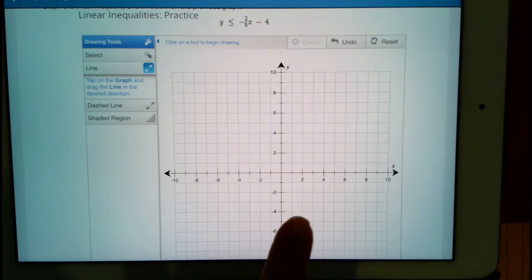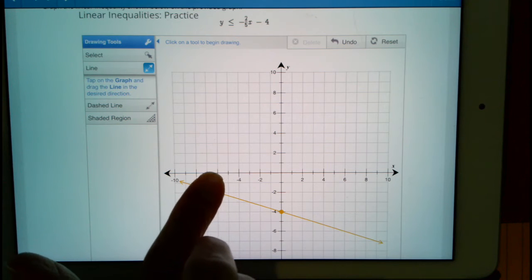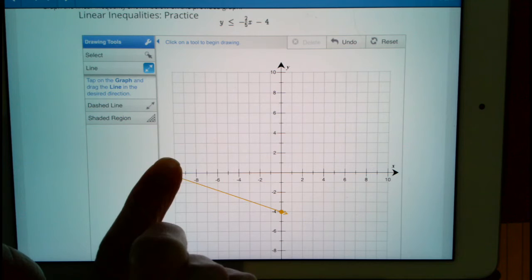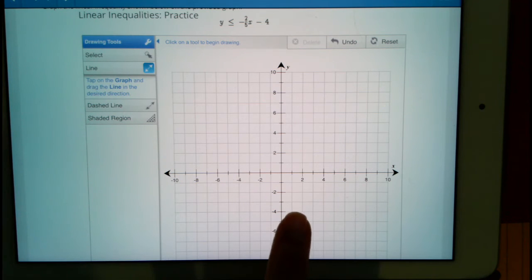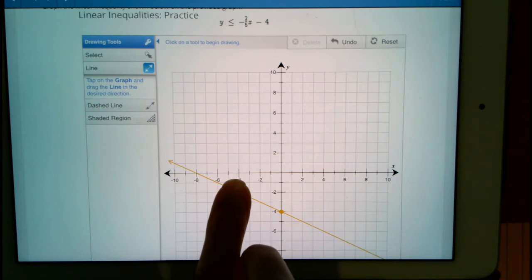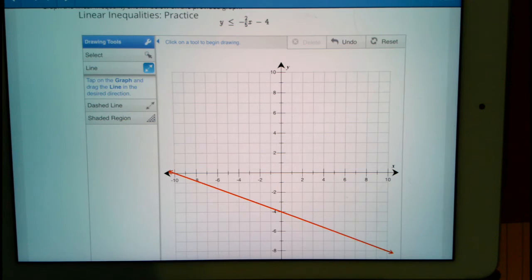So you can see that I have trouble. And I don't know why it's not drawing here. But our slope on this is -2/5. So I'm going to try one more time. And I'm going to be close, but I'm not going to be right. So there's our line. And then we have to shade.